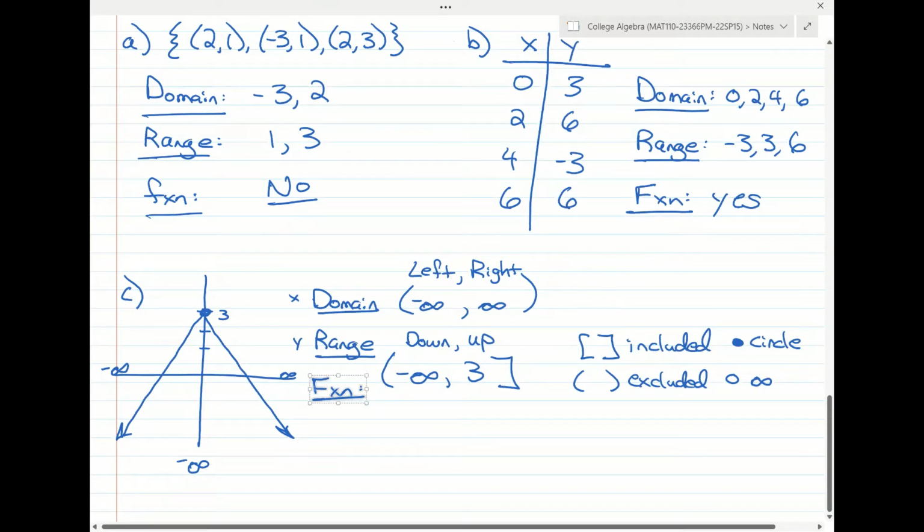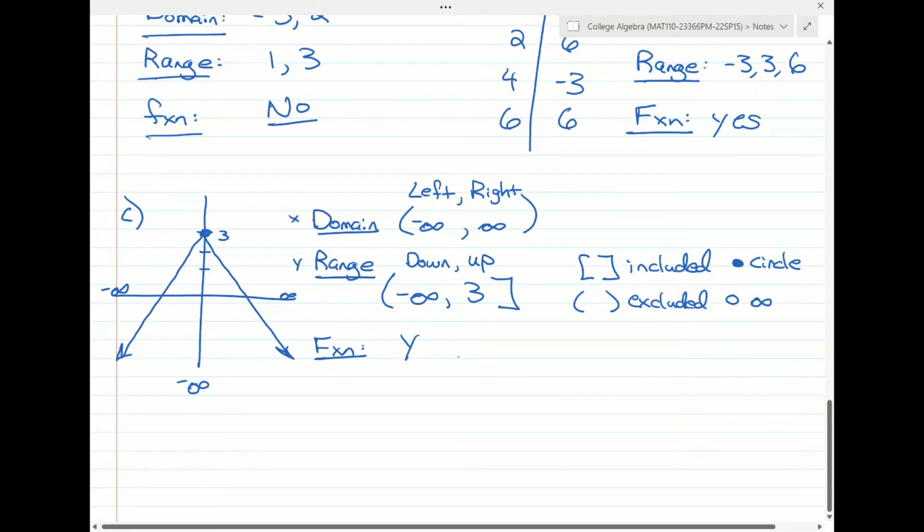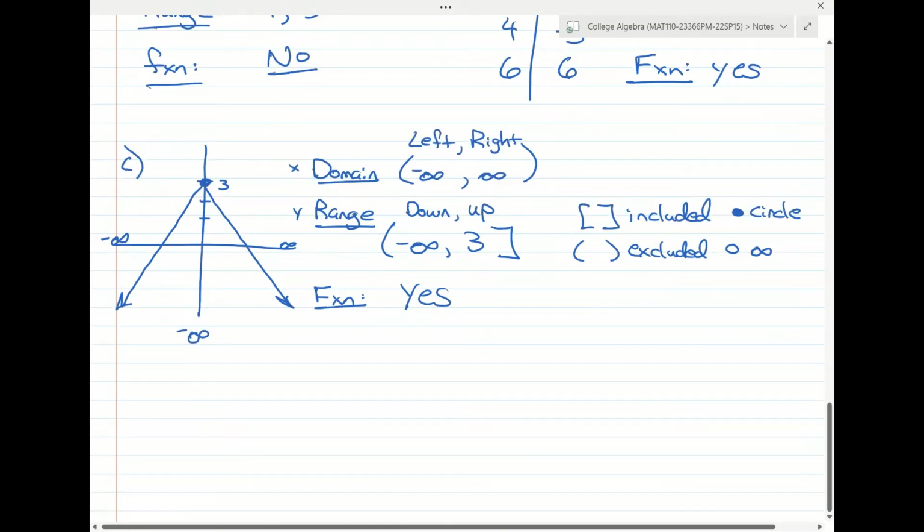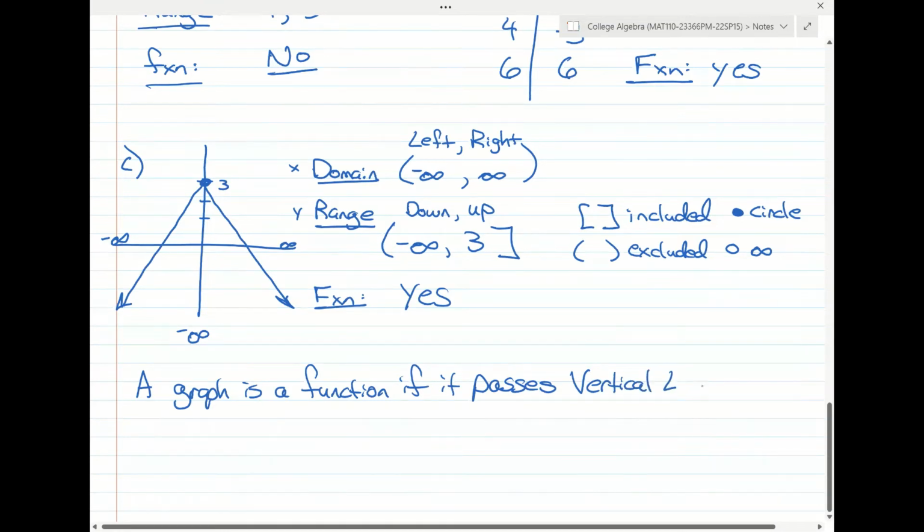Is this graph a function? This graph is a function, yes. The way that we can tell if a graph is a function is if it passes the vertical line test, VLT.